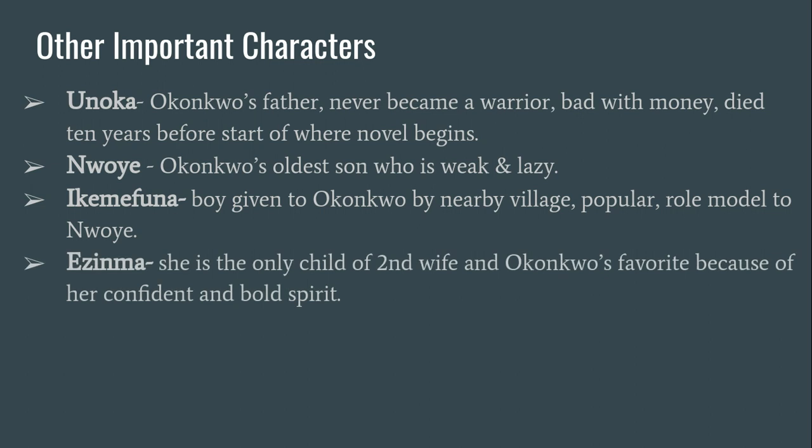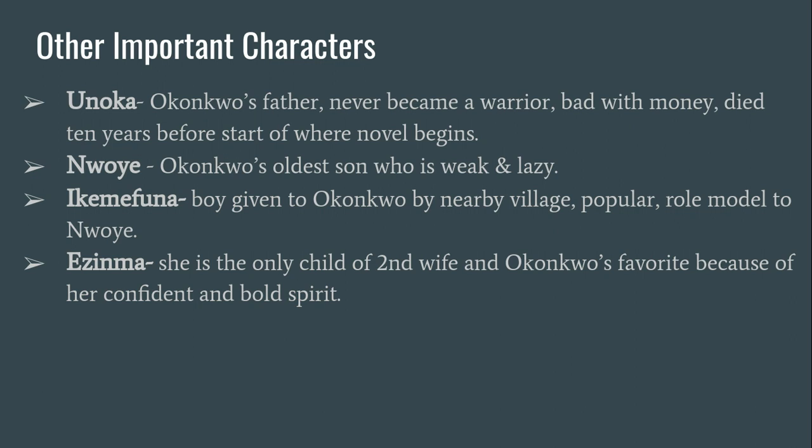Ezinma is the only child of his second wife and Okonkwo's favorite because she has that confident, bold spirit that he has. Oftentimes he refers to the fact that he wishes she was a boy so that she could be that son that he always had wanted. Ikemefuna, I know I say that wrong, is again that boy that was given to them by a nearby village.